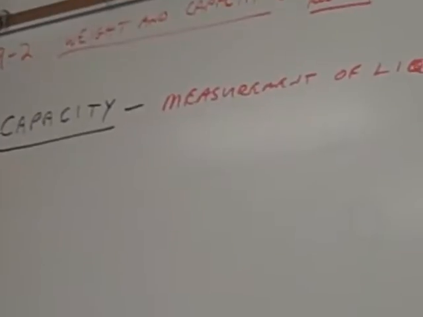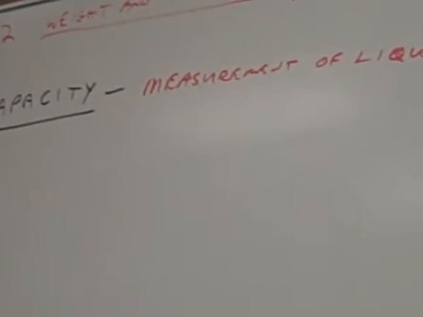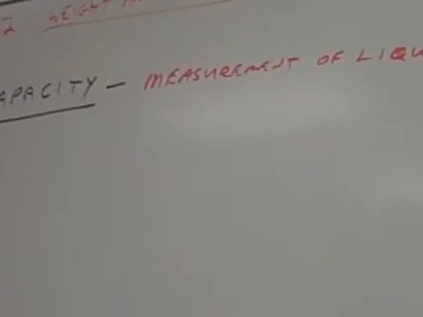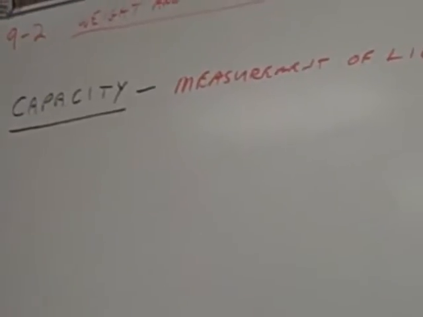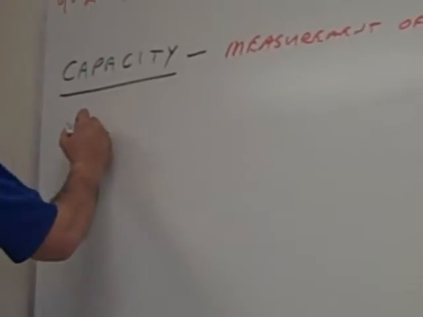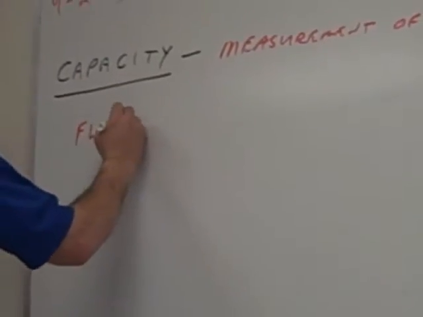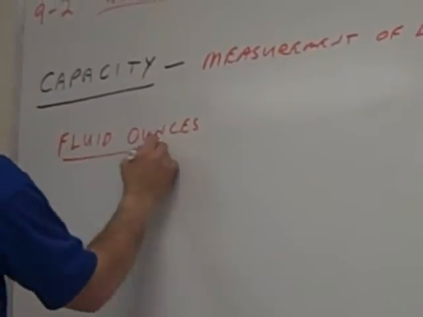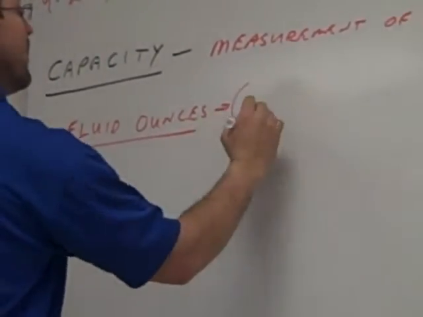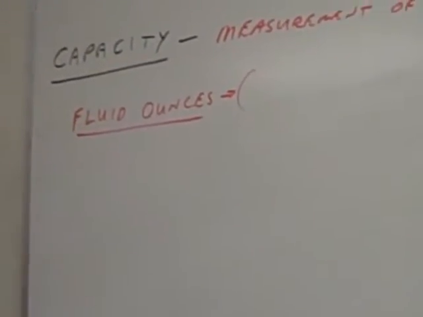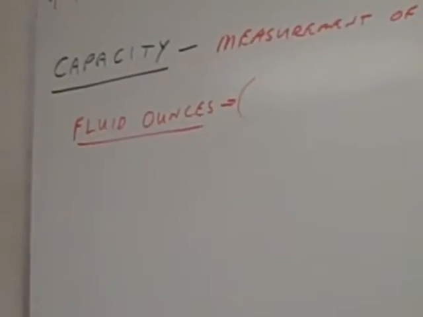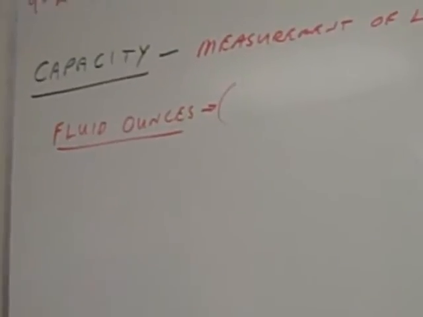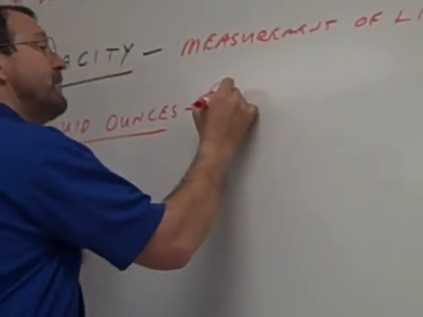What's the smallest unit we know of right now in regular capacity, Abby? Ounces. But we have to call it something. Fluid ounces. Now, why do we have to call it fluid ounces? Because there's ounces for weight also. So we have to denote we're talking about the fluid kind of ounces. What's our abbreviation?